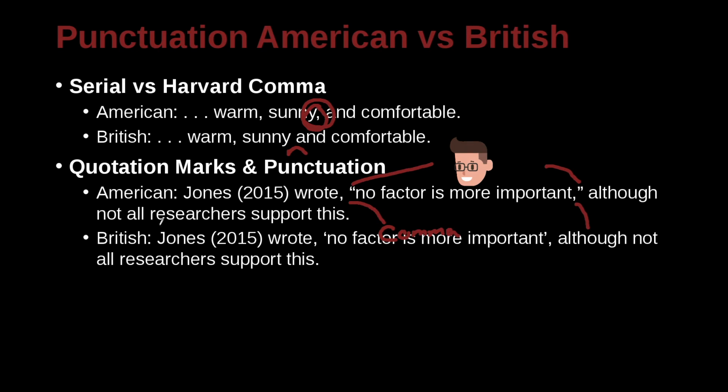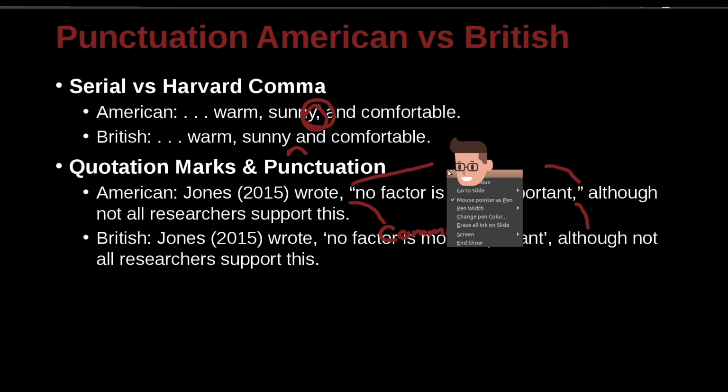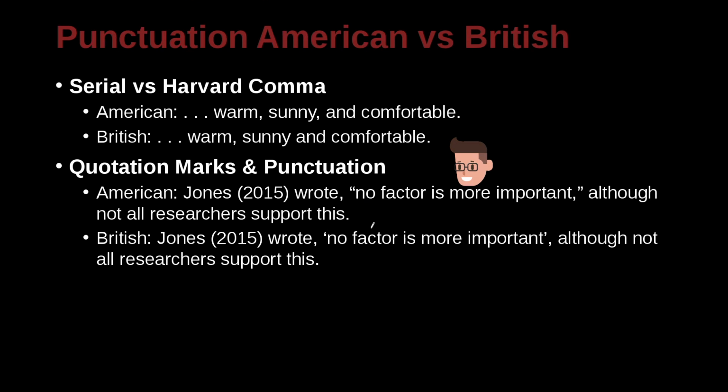Here's the British approach. It would be Jones 2015, no factor is more important. Let me clear the screen here for us. No factor is more important, although not all researchers support this. There's a couple differences here between the American and the British approach.